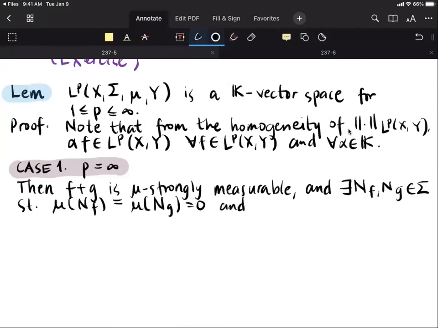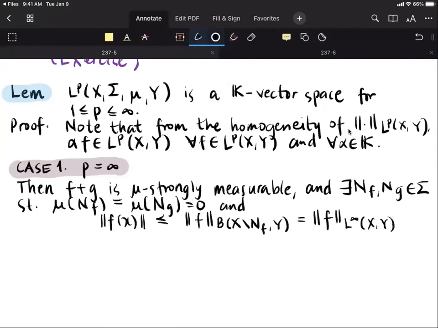And the norm of f(x) is less than or equal to the norm of f as a bounded function, and similarly for f(y). But we can choose this null set in such a way that this is in fact the L infinity norm, according to the second remark a while ago.